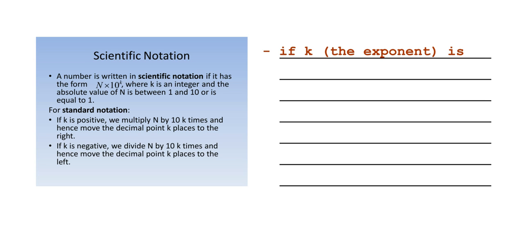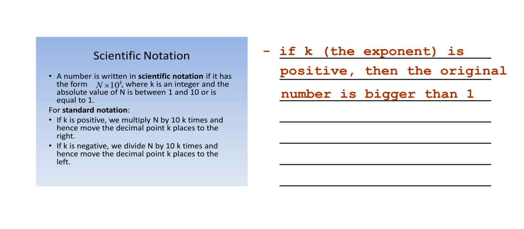So if k, in other words the exponent, is positive, then the original number is bigger than 1. That's probably the basic bottom line that we have to remember.